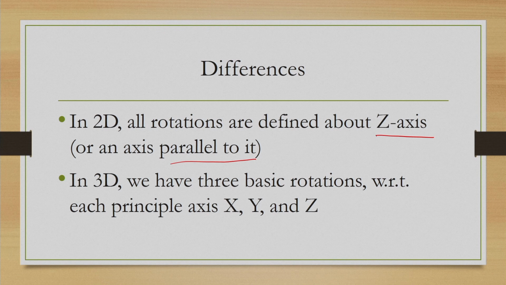In 3D, this assumption is no longer valid. Here we have 3 basic rotations with respect to each principal axis x, y and z. Earlier we had defined only one rotation with respect to z axis. Now in 3D we are defining 3 basic rotations with respect to the 3 principal axes x, y and z. So, the number of basic transformations changed. Earlier we had 1 for rotation, now we have 3 for rotation.